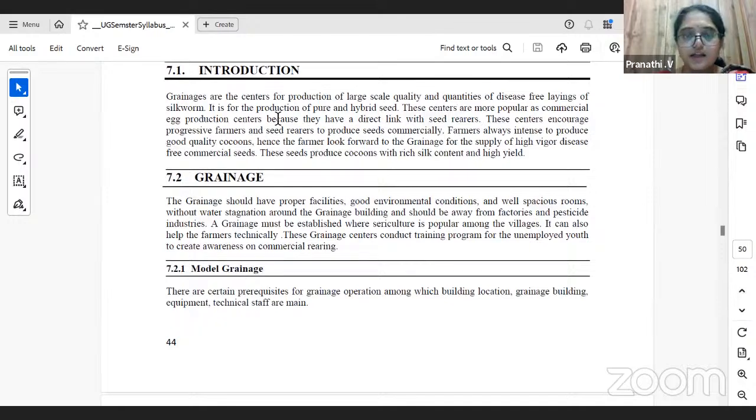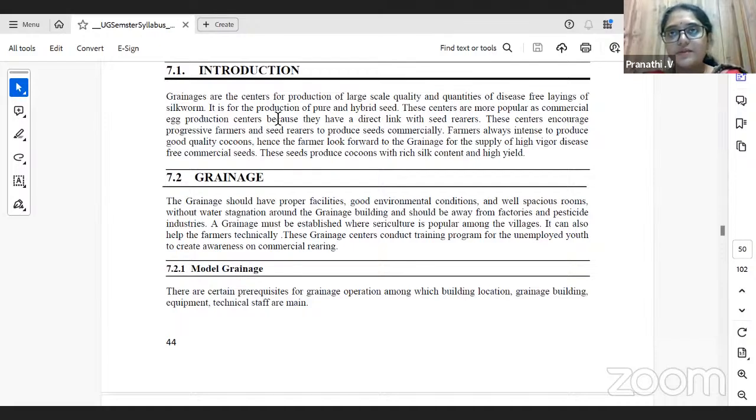A grainage should have proper facilities, wherein you have good environmental conditions present. You have to have a huge area and spacious rooms, and there should not be any water stagnation around the grainage building, because that will affect the humidity around it.